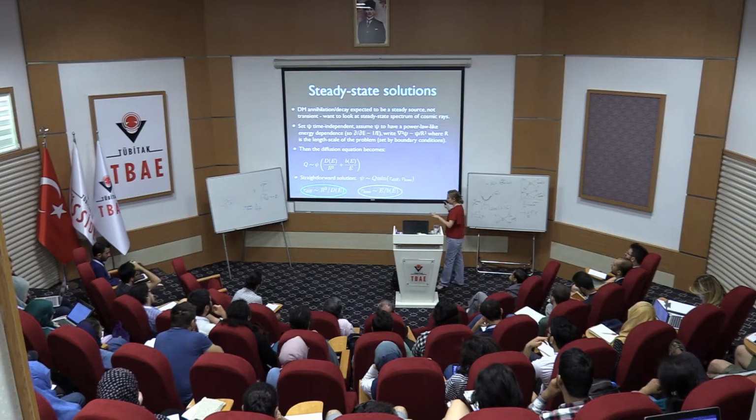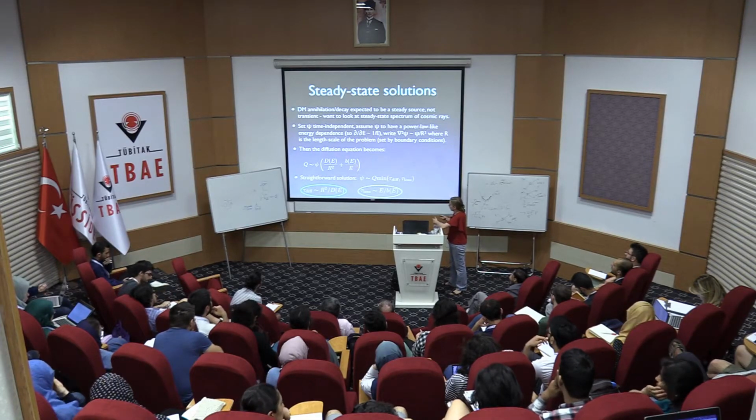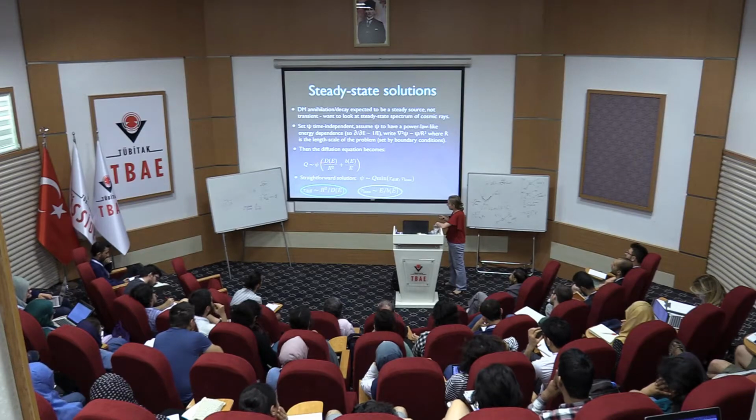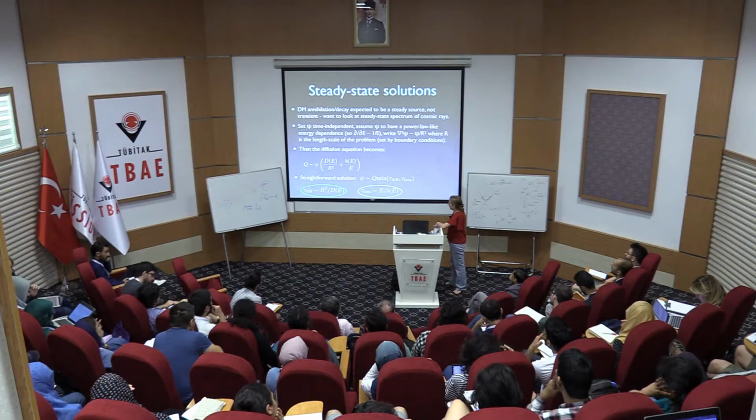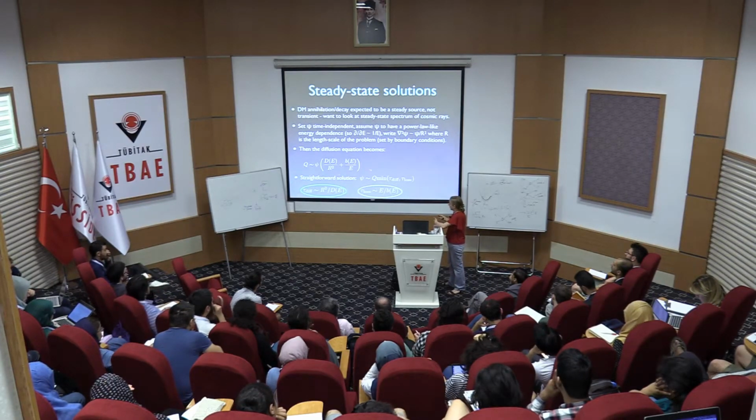That's going to be set by the boundary conditions if that's your only length scale in the problem. So that gives you a simplified version of the diffusion equation, where the source is just set equal to the steady state spectrum times a loss term from diffusion, which is energy dependent, and a loss term from energy losses.